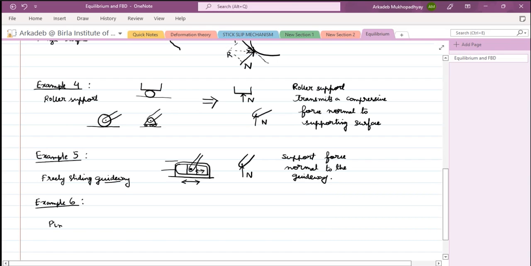Okay, so the next two points are very important. First one is the pin connection. Here you can have a pin ended joint like this.